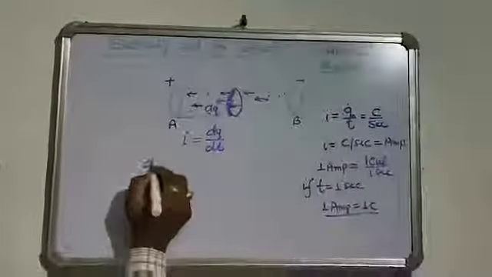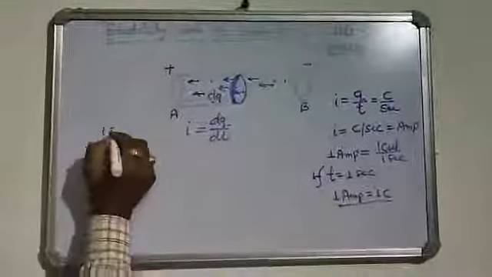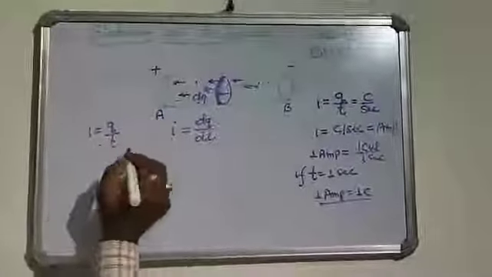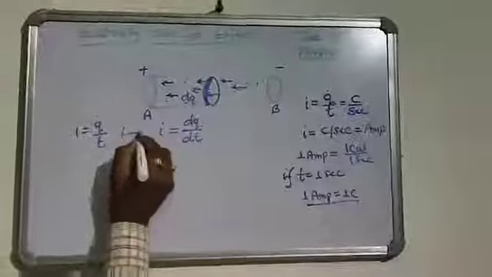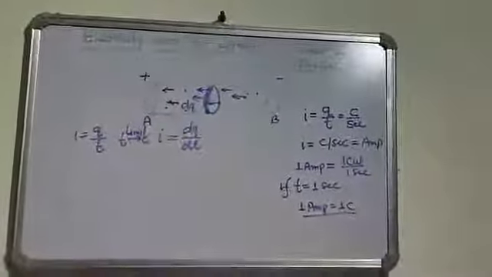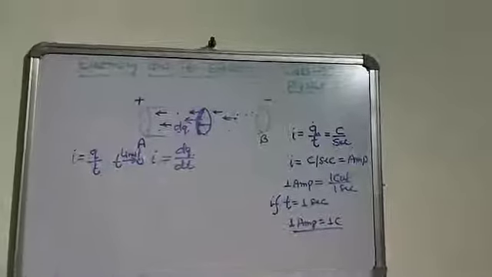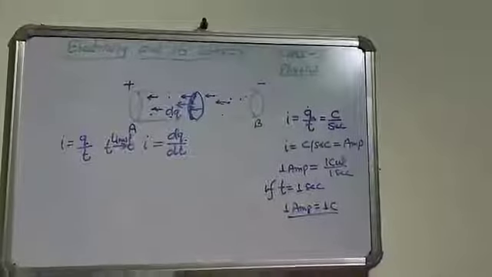Where delta Q over delta T, as delta T limit tends to 0, so I equals Q by T, and this expression can form. This is the definition of electric current.